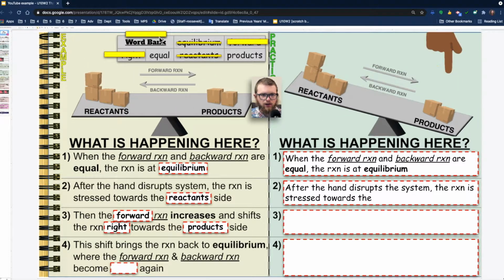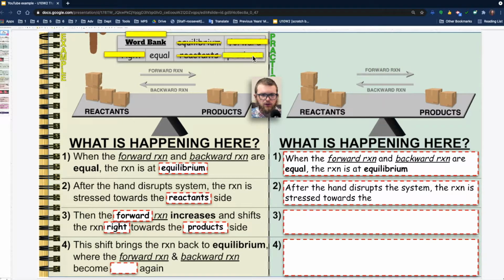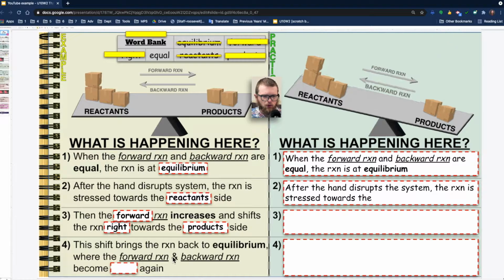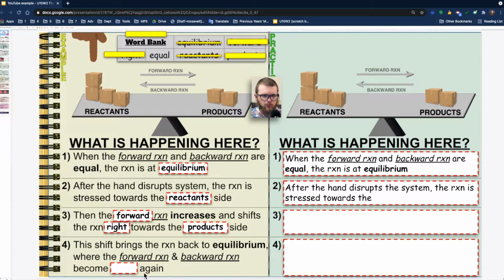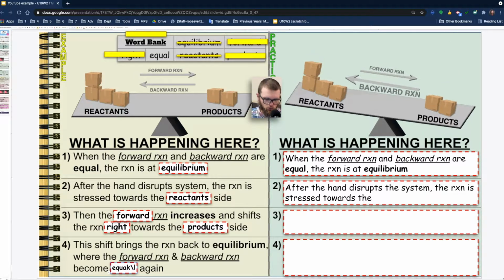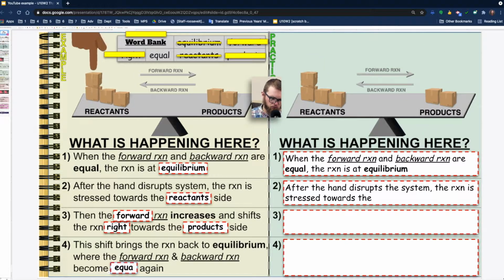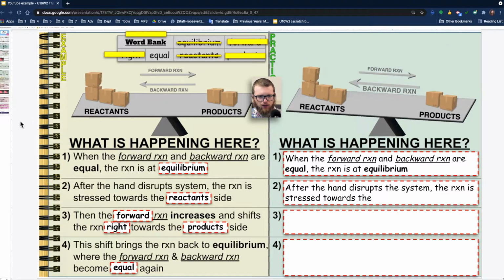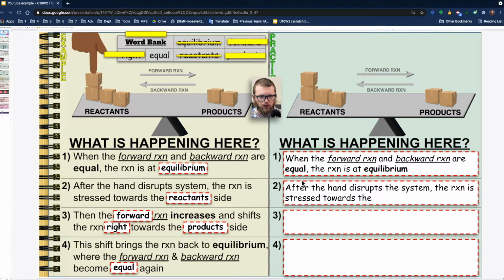Here's the word products, so we've used the word products. This shift brings the reaction back to equilibrium, where the forward reaction and backward reaction become equal. So yeah, after it comes back to equilibrium, they become equal again. That's nice.